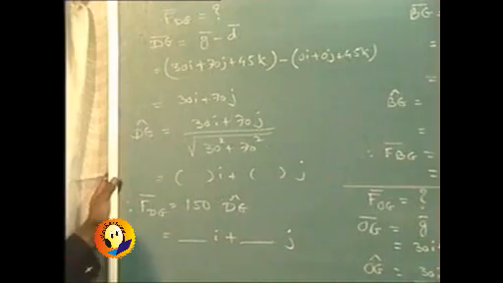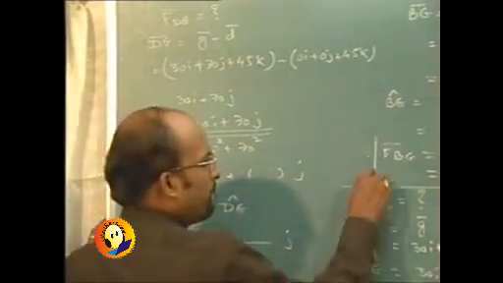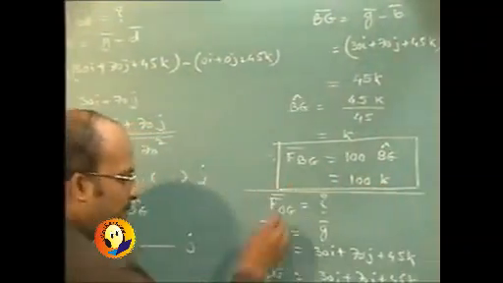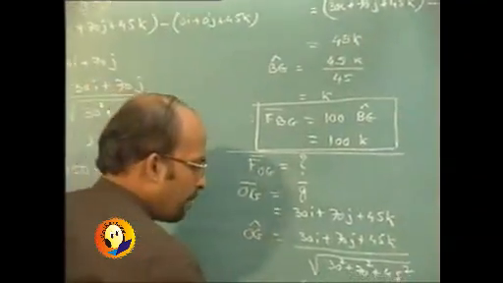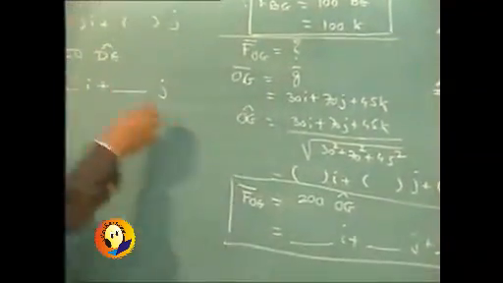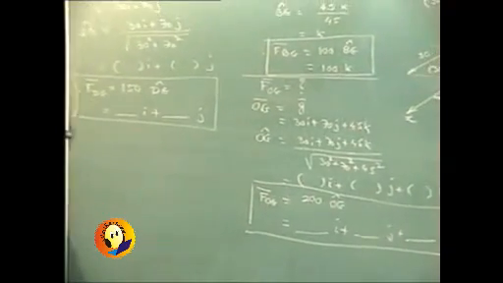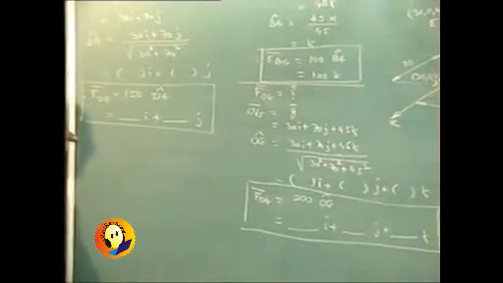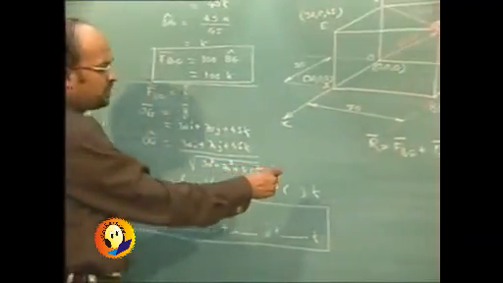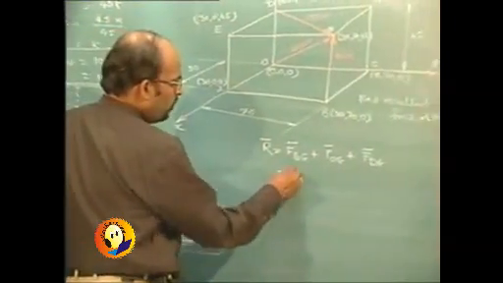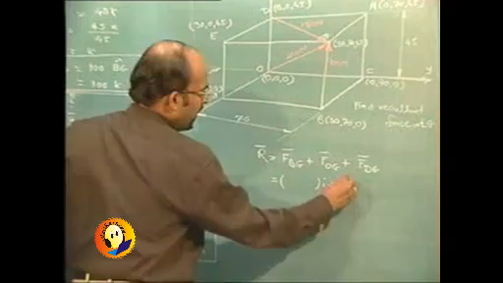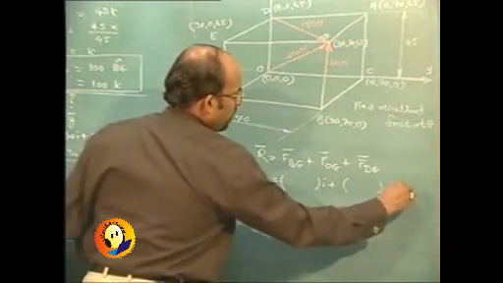So ultimately we have got F_BG bar, we have got F_OG bar, and we have got F_DG bar. These three values we should take and substitute in this, and you will be getting some answer as something into i plus something into j plus something into k.